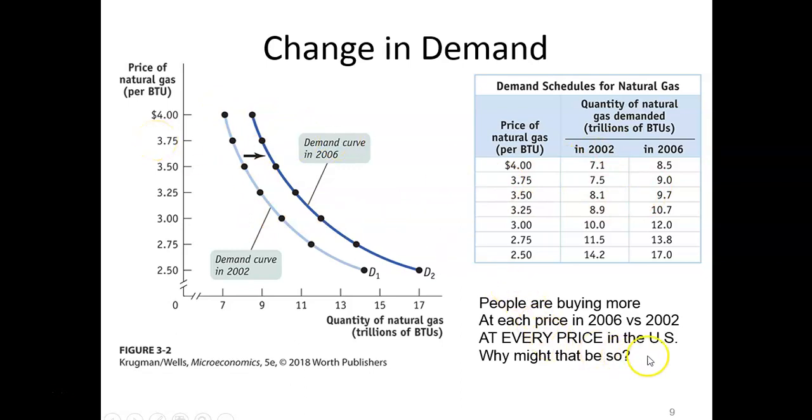Now, what might have caused this? Well, people's income might have gone up. In fact, there was an economic expansion happening in this period of time, so people's income going up. Between 2002 and 2006, a lot of houses were being built, so more people were owning their own homes before the whole thing collapsed in 2007, 2008, 2009.